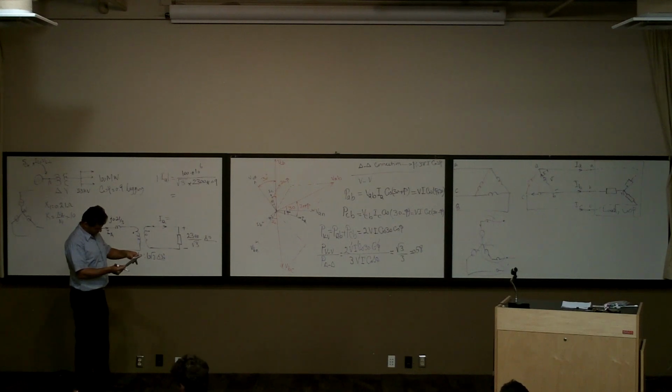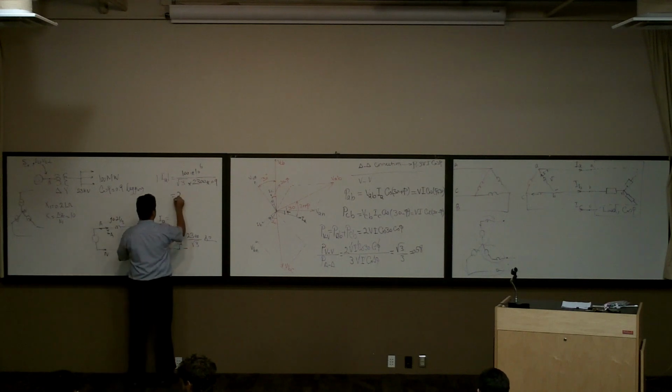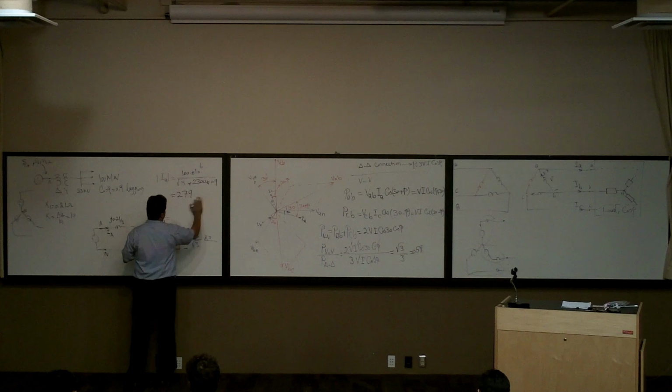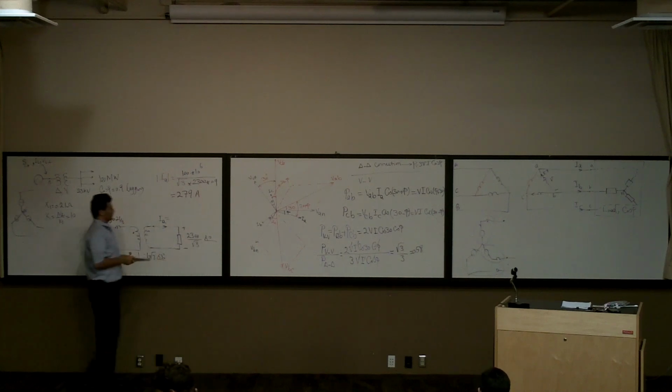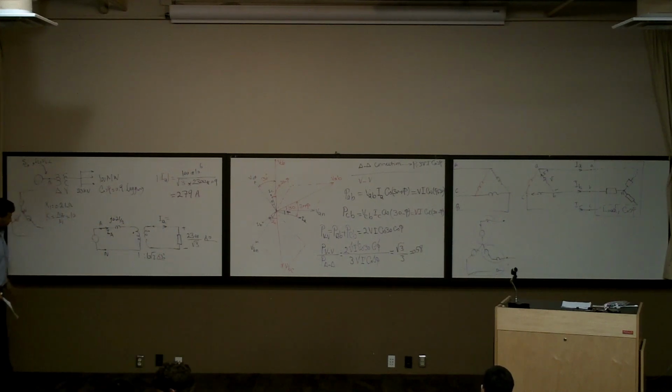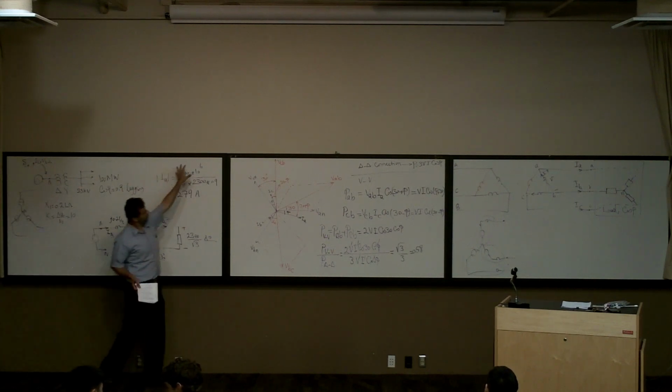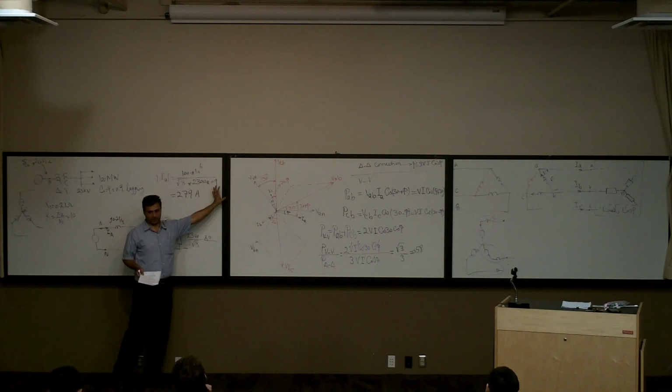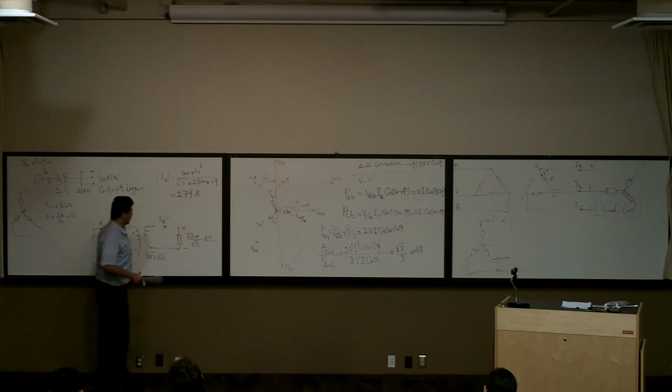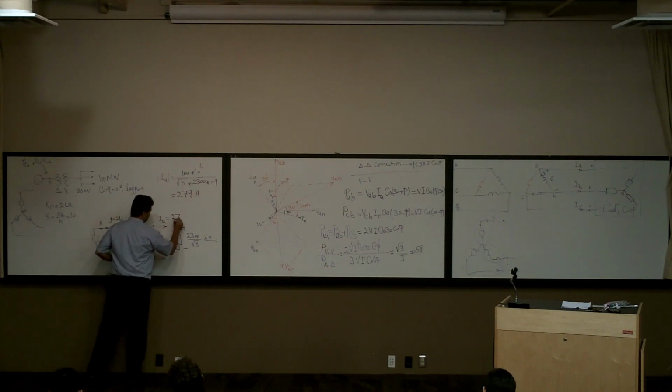I think it is 2279. Just double check it to make sure it's correct. This one was P, this is the VL, and this is the cosine phi, right? I calculated it.